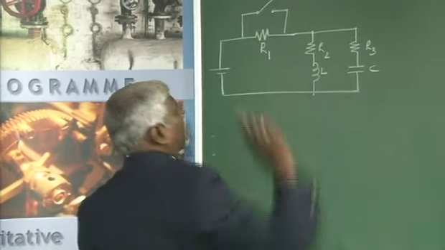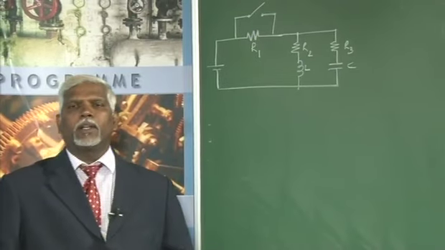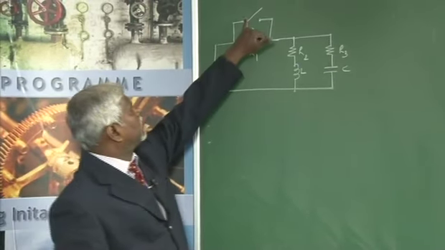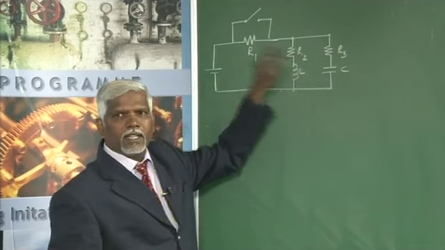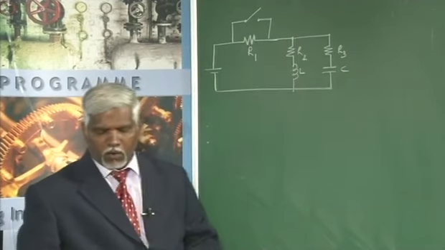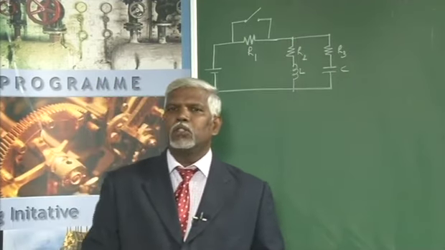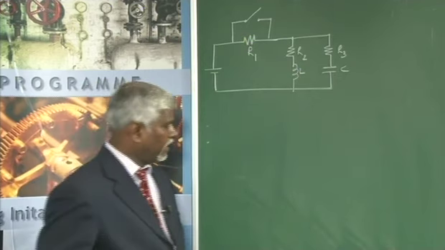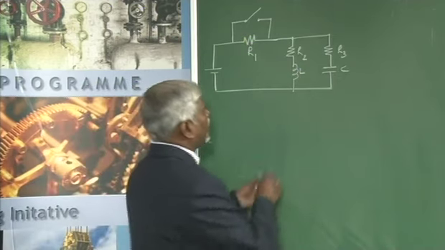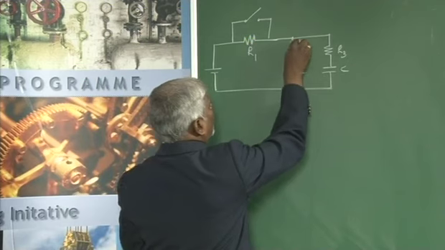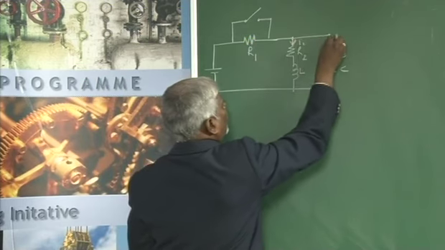The switch is initially open. When the switch is open, this resistor is included, and it has reached steady state. We need to see the currents I1 and I2. He has given the branch currents I1, and he specifies this is I2.